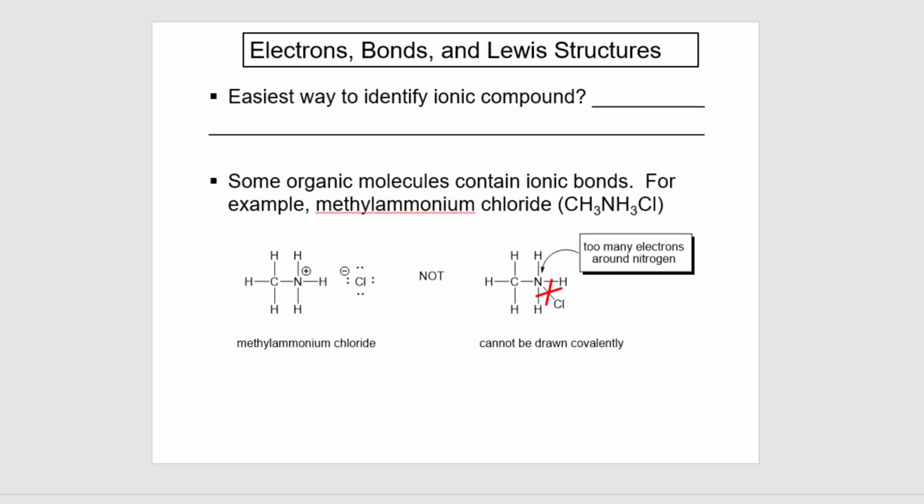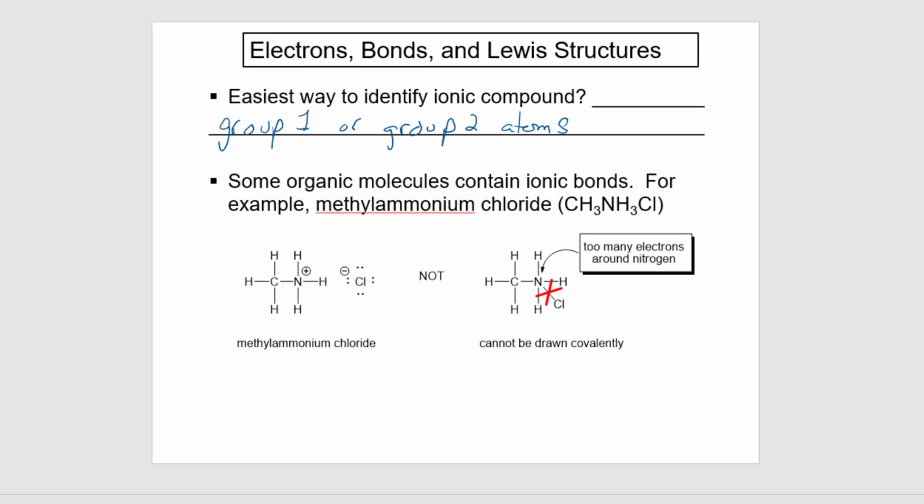The easiest way to identify ionic compounds is to look at what the atoms are in the system, okay? So if you see any group 1 or group 2 atoms, these are things like sodium, lithium, right, far to the left.